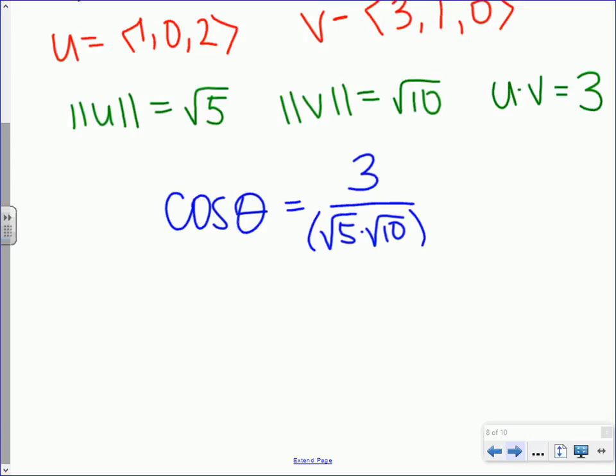So you can either say the inverse cosine of 3 over radical 50, or you can say 3 over parentheses radical 5 times radical 10. If you don't do that, order of operations will not be correct and you'll get an error.